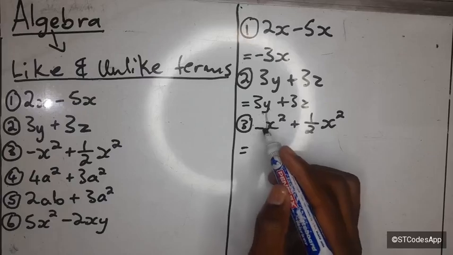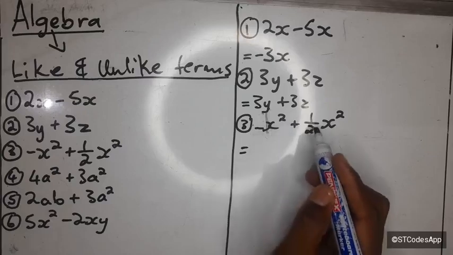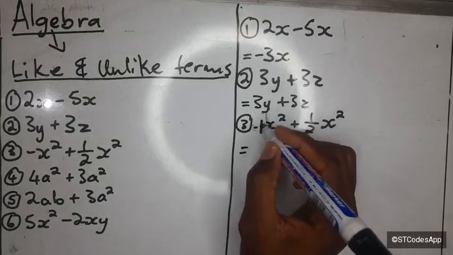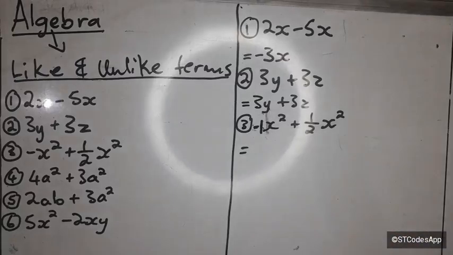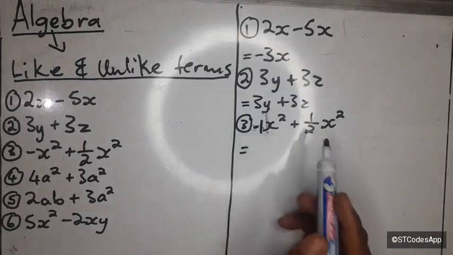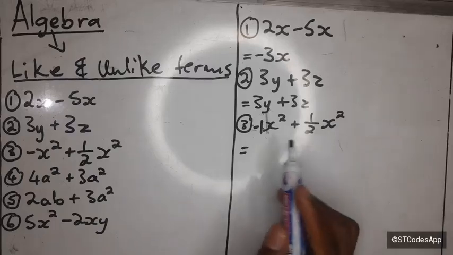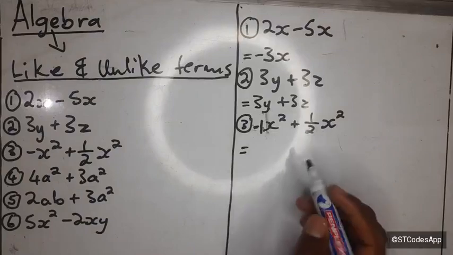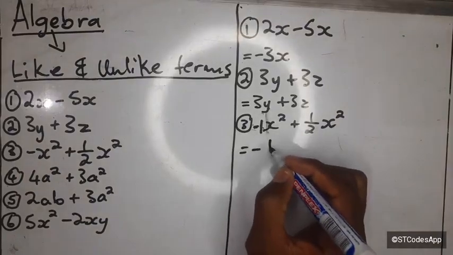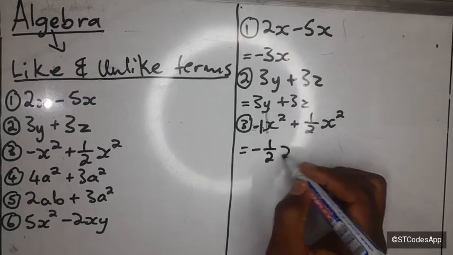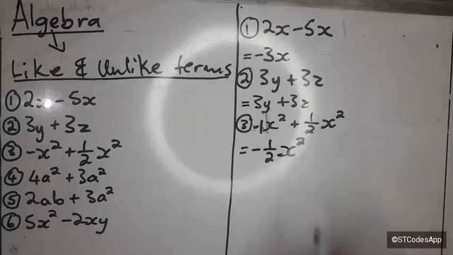The number in front here is minus 1, and there is a half. In your calculators, plug in minus 1 plus a half. This is going to give you minus 1 over 2. Then just bring back your variable, x squared, like that.